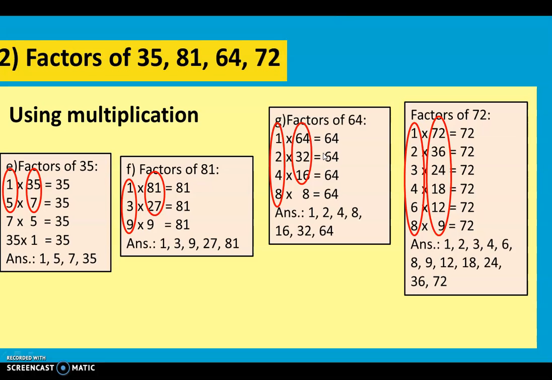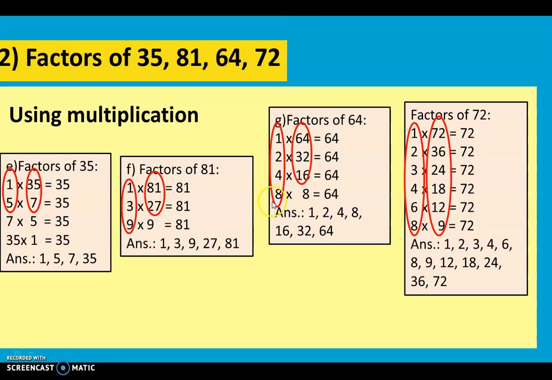Similarly, for this one, it is 1 table, 2 table, 4 table, 8 table I am getting. So when it is 8 eights, I am just stopping because both the numbers are 8. So 8 eights are 64. So now here I am writing 1, 2, 4, 8 and 16, 32, 64.